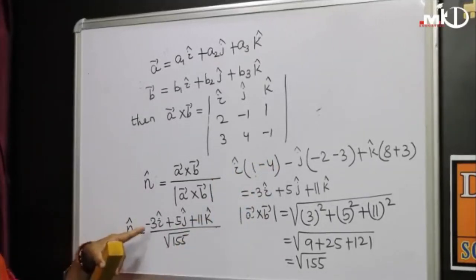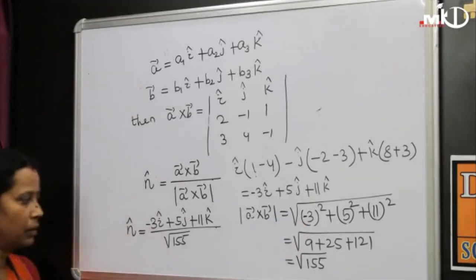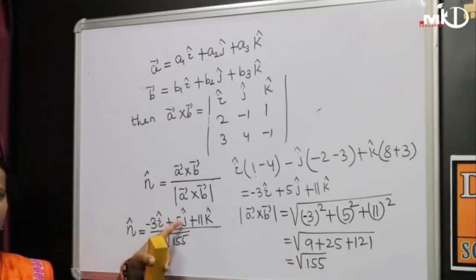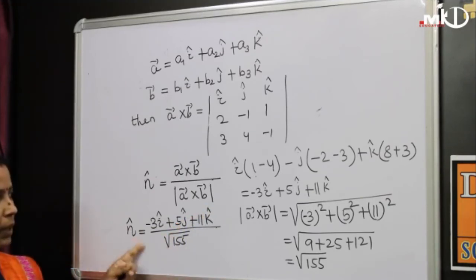So n cap is equal to minus 3 i cap plus 5 j cap plus 11 k cap by root over 155. Okay, so this is the unit vector perpendicular to both the vectors a bar and b bar.